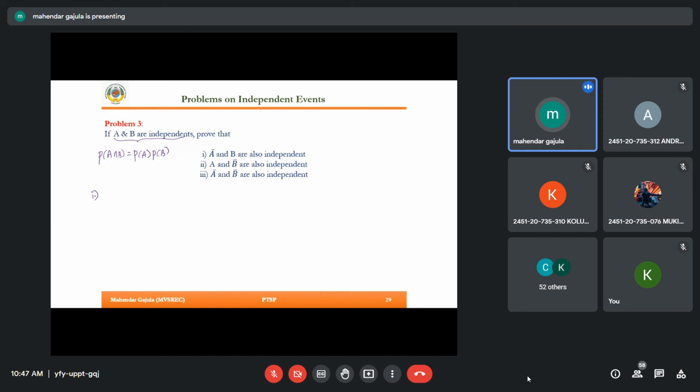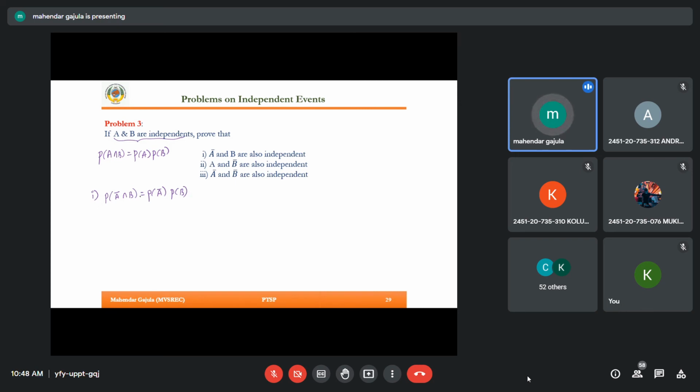We have to prove that probability of A bar intersection B equals probability of A bar and probability of B. What is the first one? A bar and B are also independent. Second, A and B bar are also independent. Third, A bar and B bar are also independent. We have to prove this.